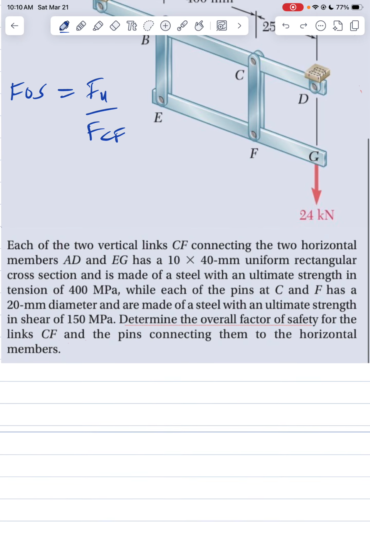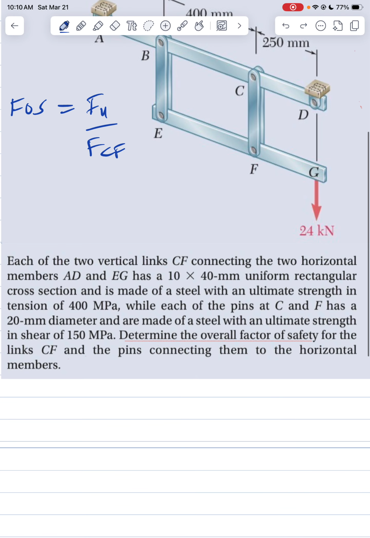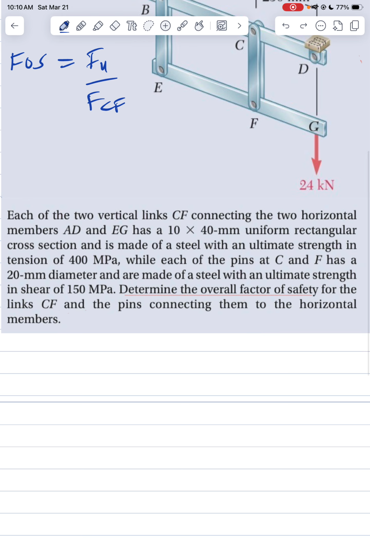So by isolating that, we have to draw a free body diagram. I'll be drawing this below here. Let me draw a straighter line.